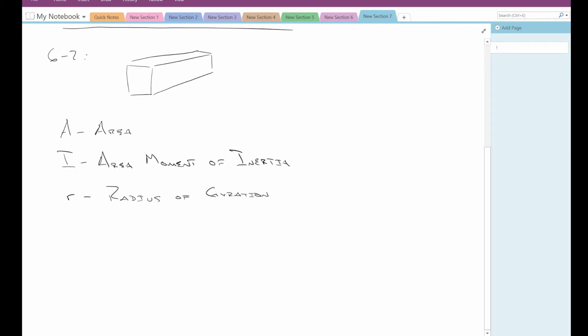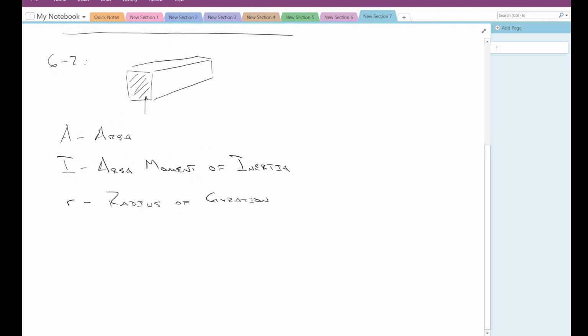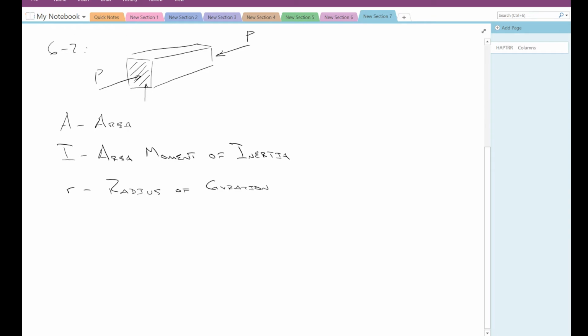So when we look at the area, we're looking at this face. We look at the area moment of inertia and the radius of gyration of that particular face of the member, because we'll load it in a direction like so, where we'll use the letter P to denote our load.